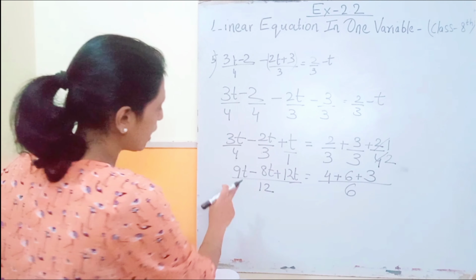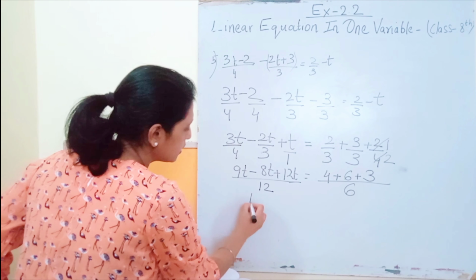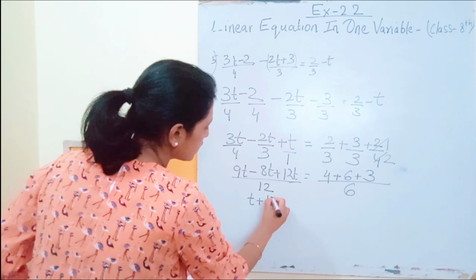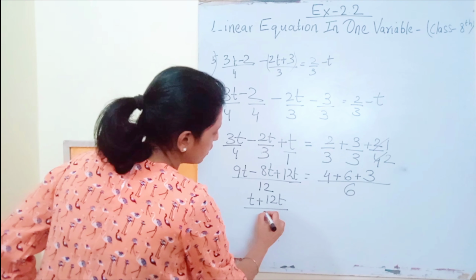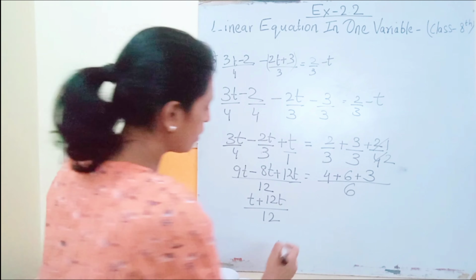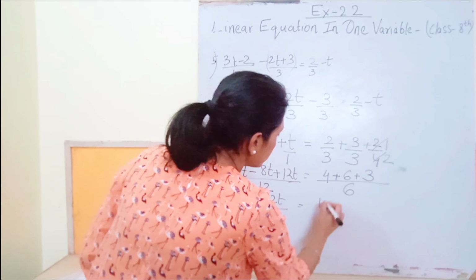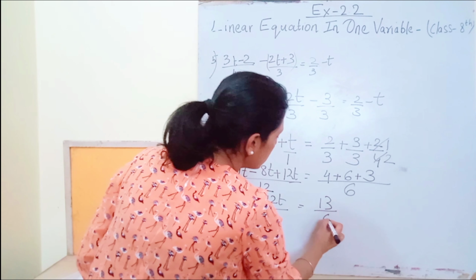Now 9 minus 8 will be t, plus 12t upon 12, is equal to 6 plus 4, 10, and 10 plus 3, 13 upon 6.